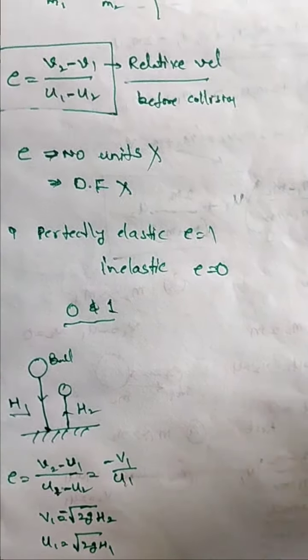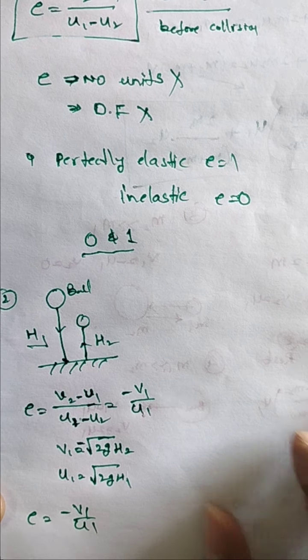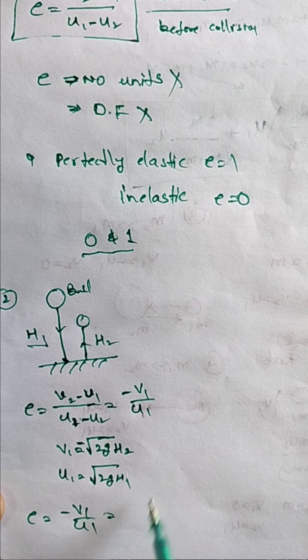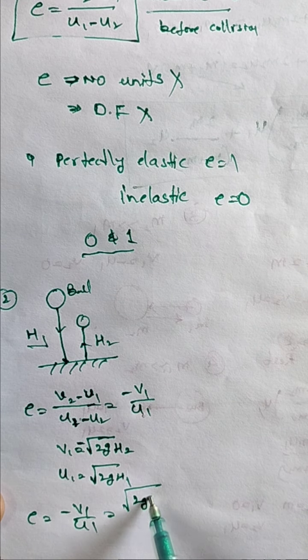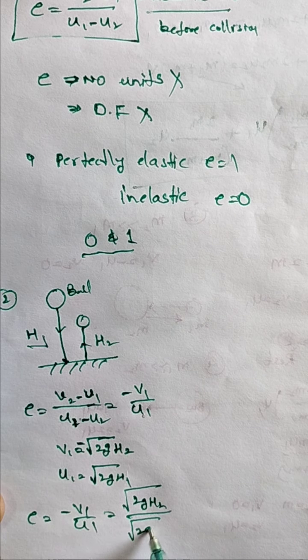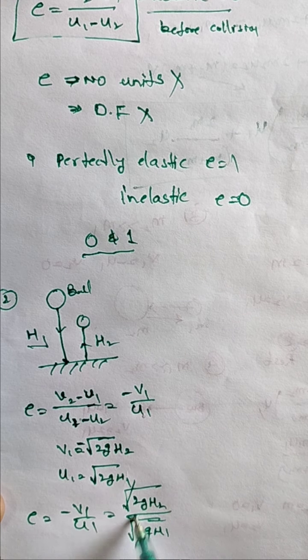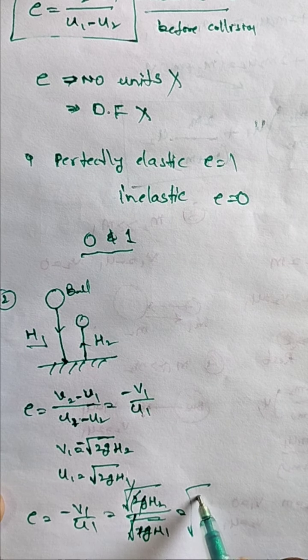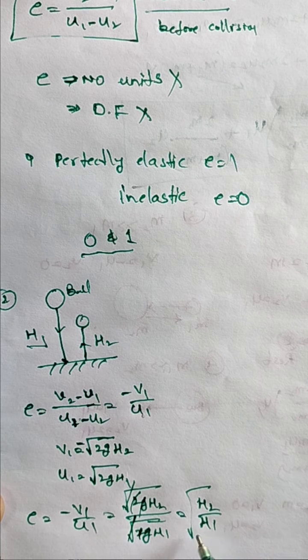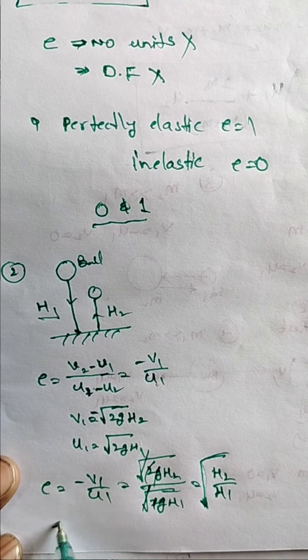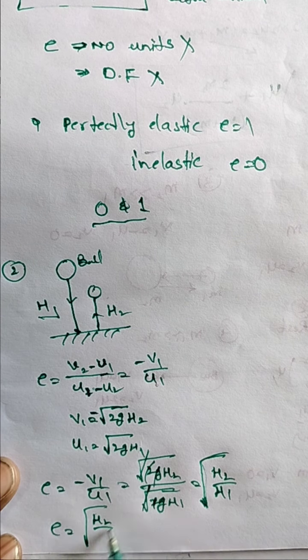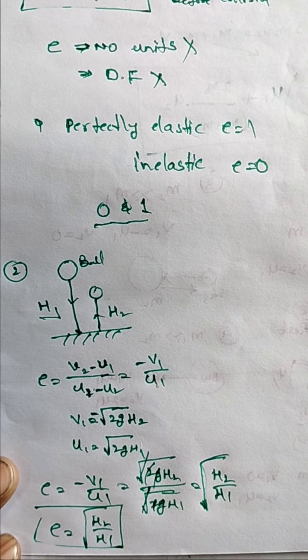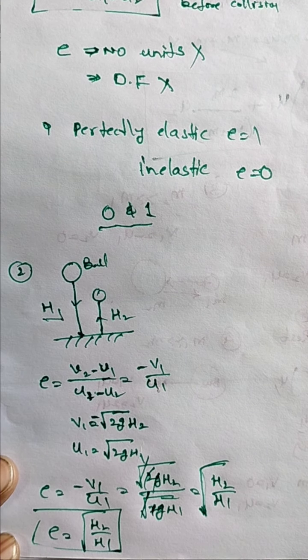The minus and minus give plus, so root of 2gh2 by root of 2gh1, and everything common cancels. So e is equal to root of h2 by h1. This is the determination of the coefficient of restitution.